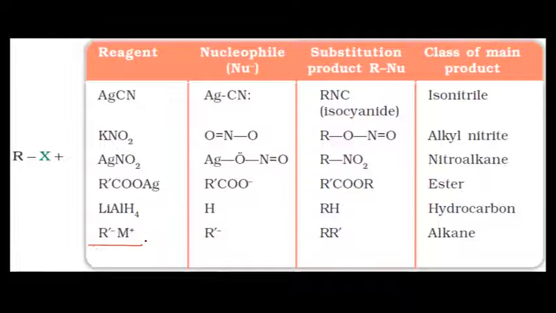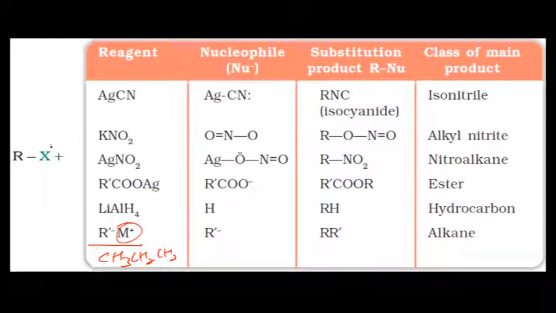Then here you have metal hydrocarbons. So to hydrocarbons, a metal is attached. For example, CH3 CH2 CH2 Ag or Na, or Mg, these metals are attached there. In that case, what happens?